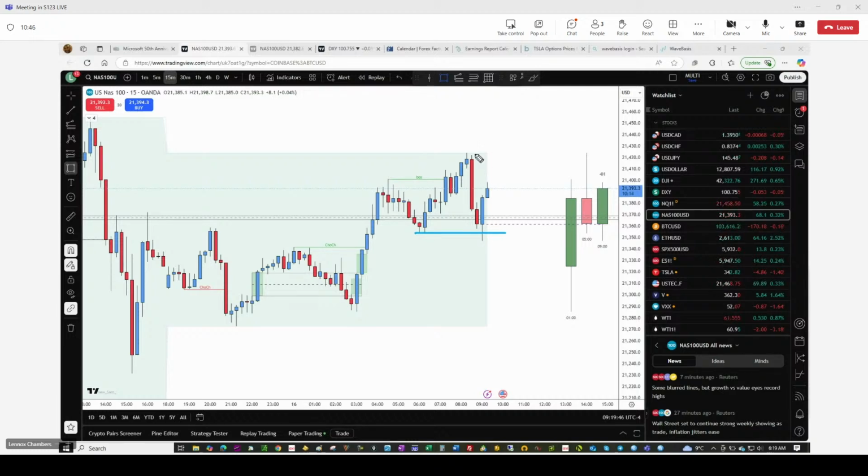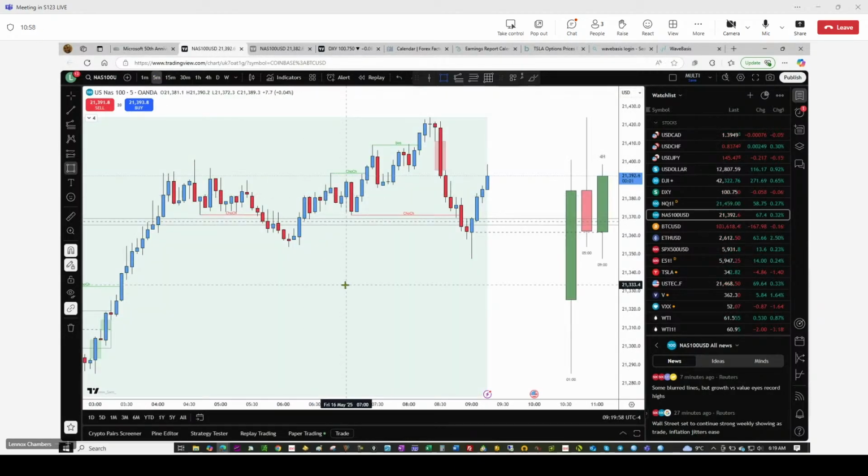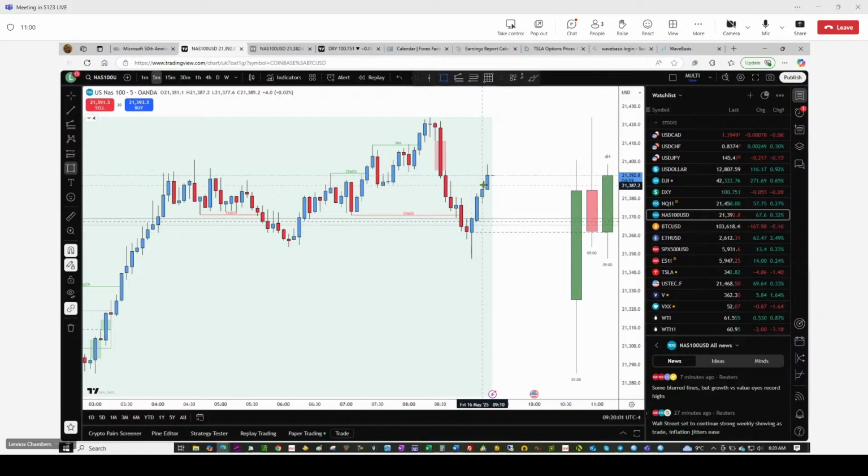So we're looking to take out the highs up here. That's the direction in the short term. Let's go to the 5-minute. So again, after a sweep, we're pushing to the upside. So this was a play on the lower time frame to the upside. So the target would be, again, the highs.